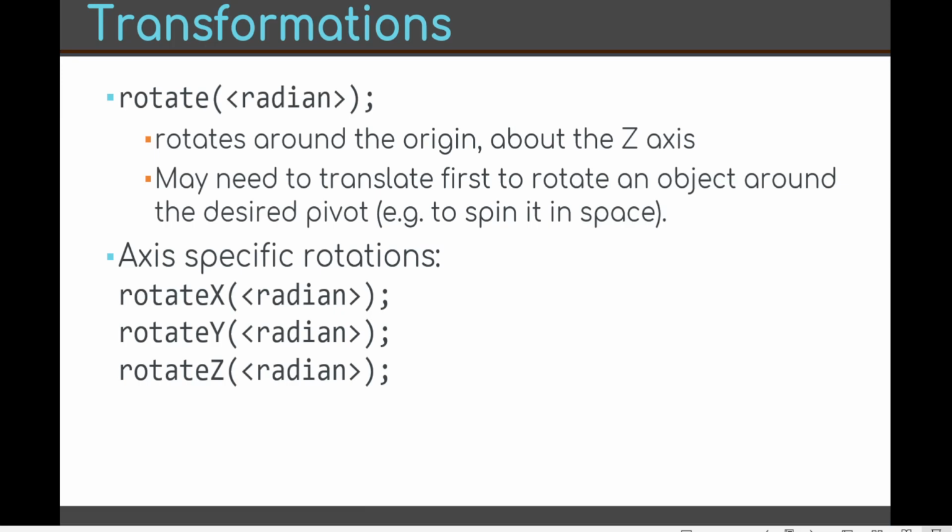On the left thumbstick, when you press it up, you move forward. You press it down, you move backwards. So that's the z-axis control.